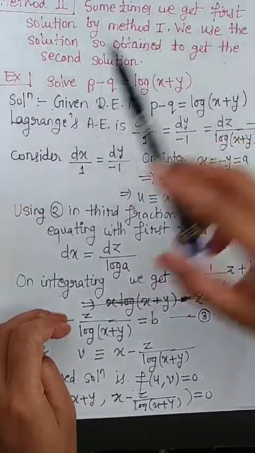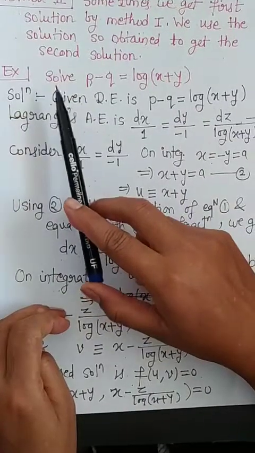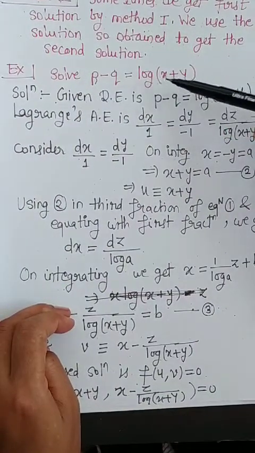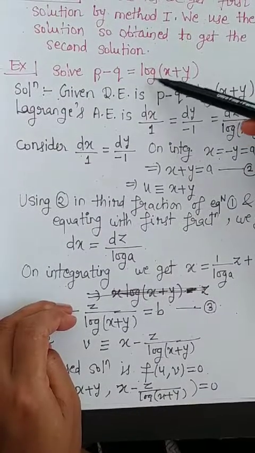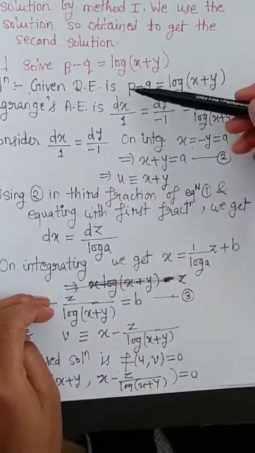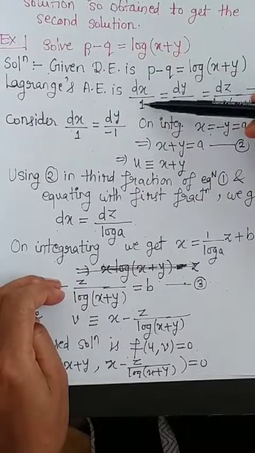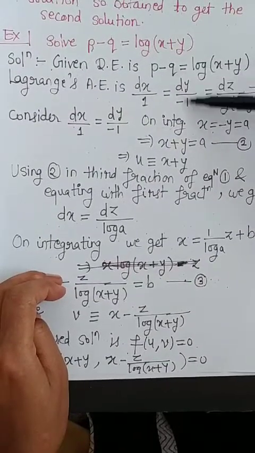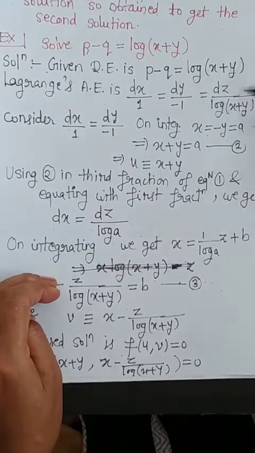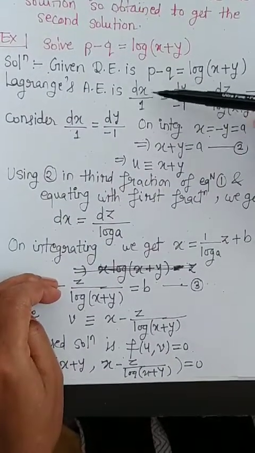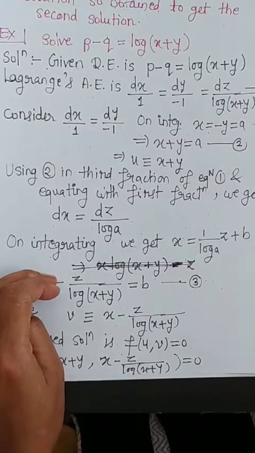Okay, let us see an example. Solve p minus q equal to log of x plus y. So we have the given differential equation. What is capital P? 1. Capital Q, the coefficient of q, is minus 1. On the right hand side is R. So we have Lagrange's auxiliary equation.